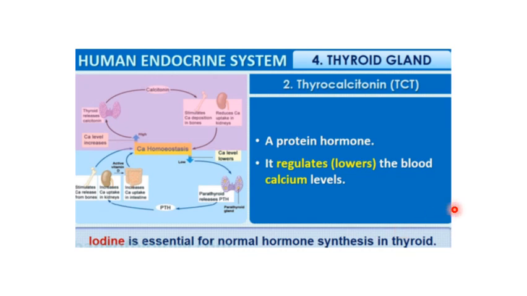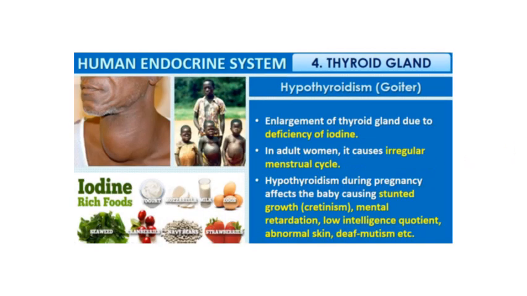Iodine is essential for normal synthesis of thyroid hormones. If a person lacks iodine in the diet, then the person will suffer from goiter. This results mainly in enlargement of the thyroid gland because there is less iodine present in the diet.